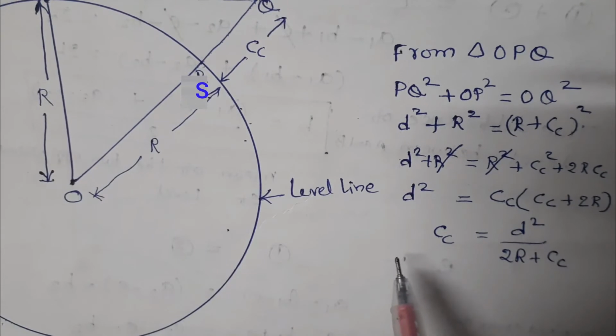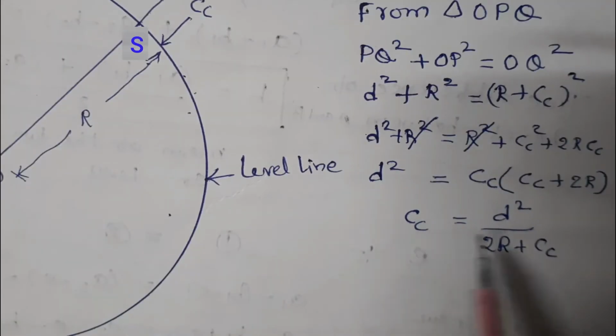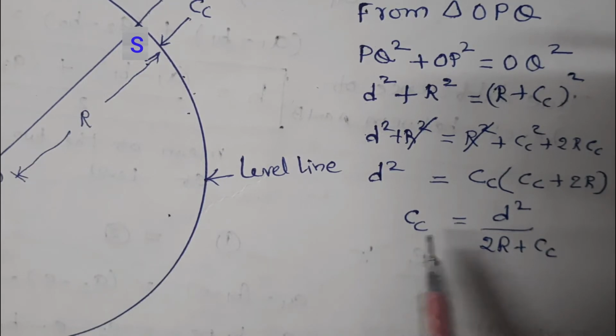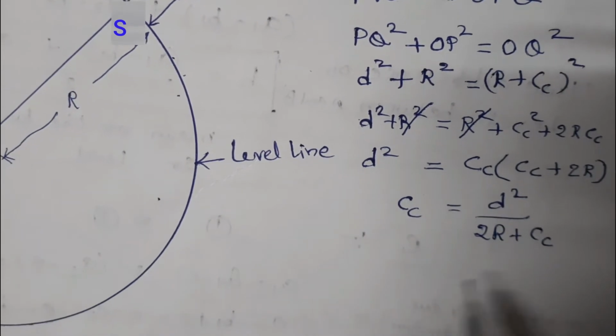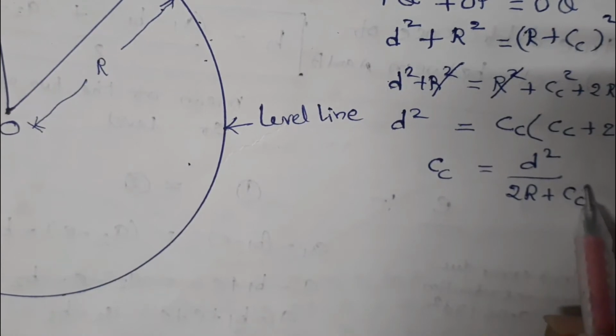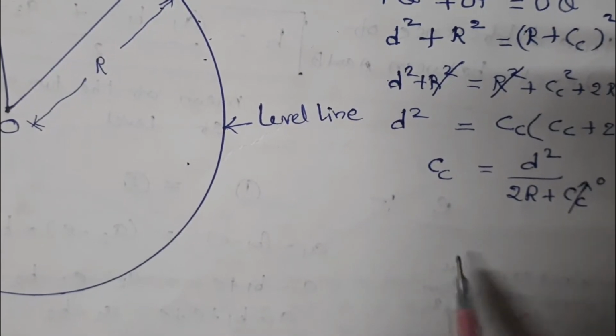So we know there will be a curvature correction when the staff reading is taken from instrument, but for small distances we can neglect this CC value, therefore it will become 0.